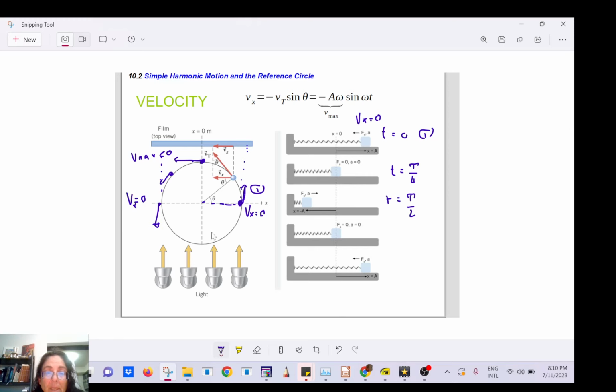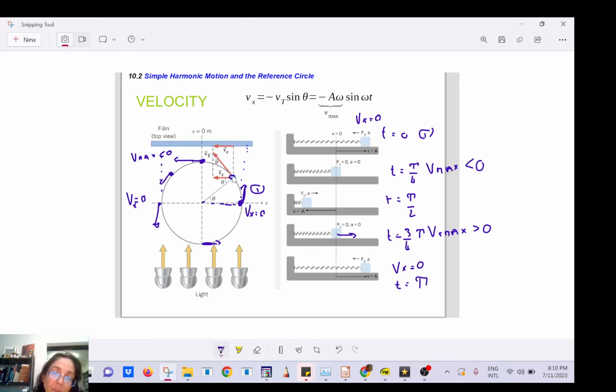Then at t equals 3/4 of the period, the velocity is max, but it's positive here. And then x component equals 0 for time equals the period.